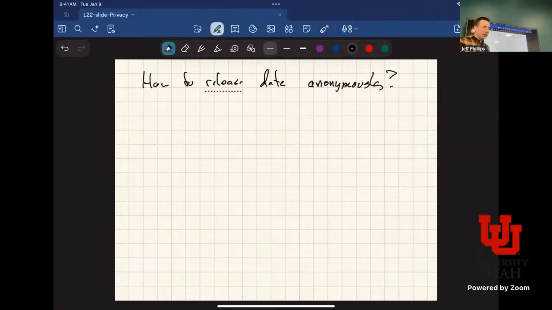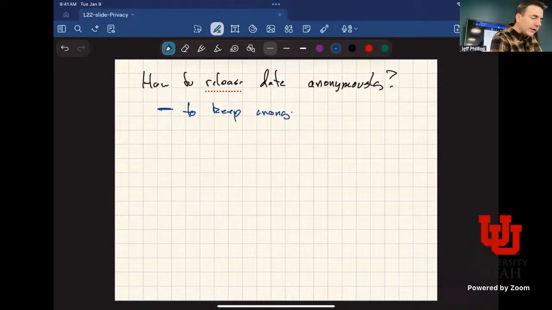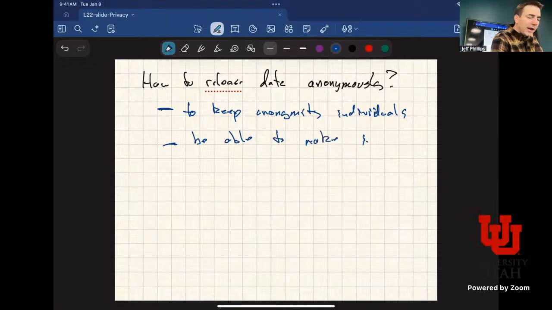So what does this mean? The goal is two things: to somehow keep the anonymity of individuals, and to be able to make an inference.